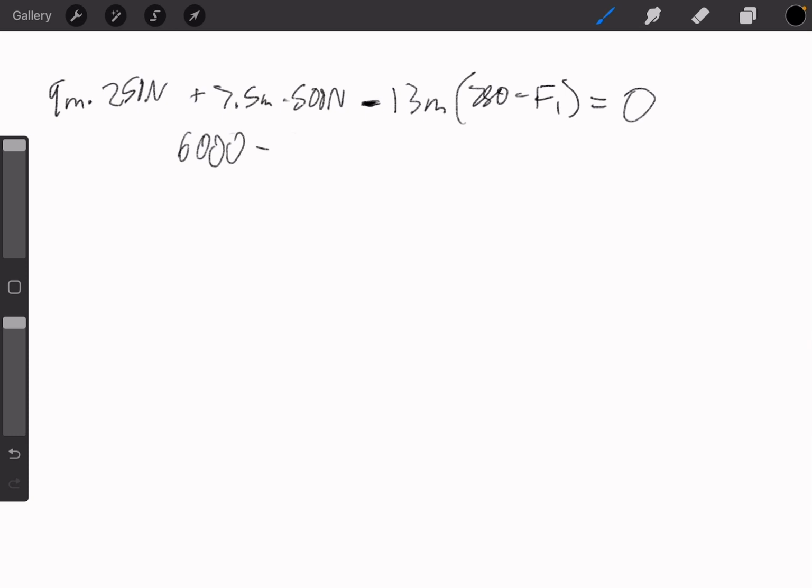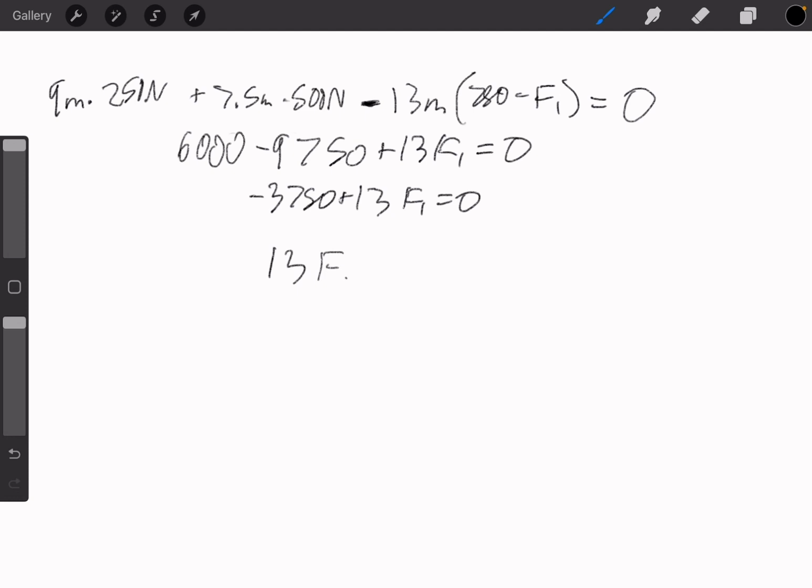So 9 times 250 plus 7.5 times 500, 6,000 minus 13 times 750 minus 9,750 plus 13 F1 equals 0. 6,000 minus 9,750 equals negative 3,750 plus 13 F1 equals 0.